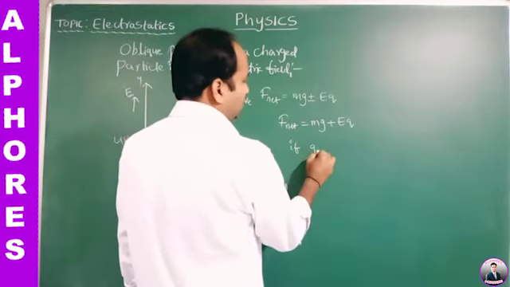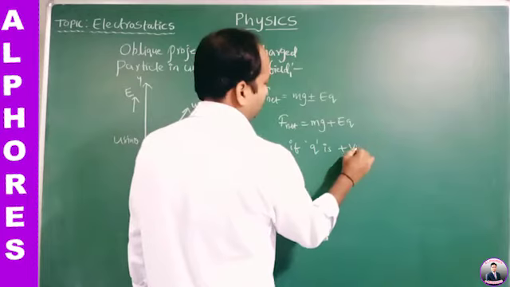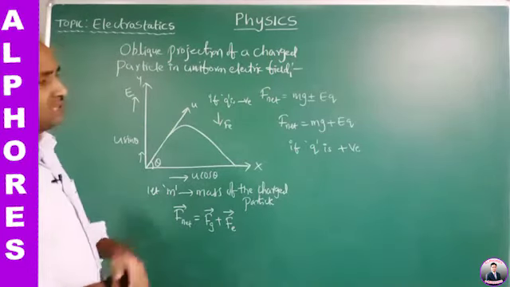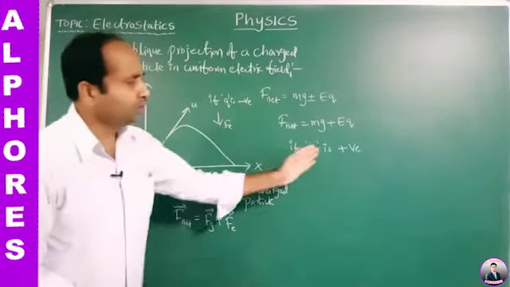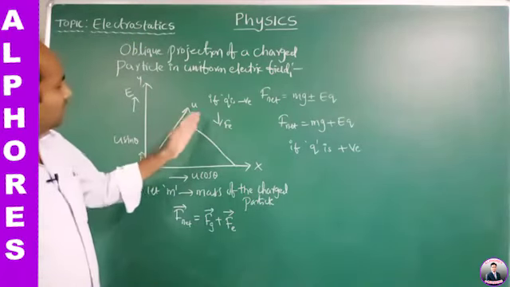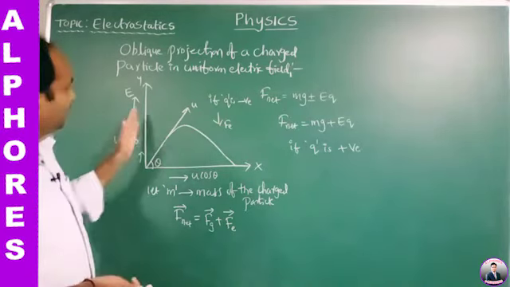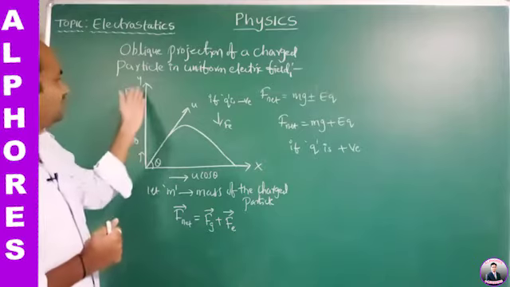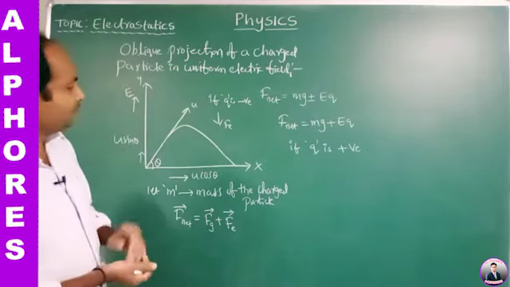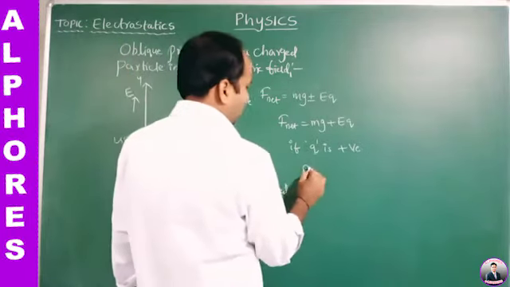Now suppose Q is positive. In this diagram, if the charge is positive, the direction of electric field is also upward, along the y-axis. The gravitational force Fg is always downwards.